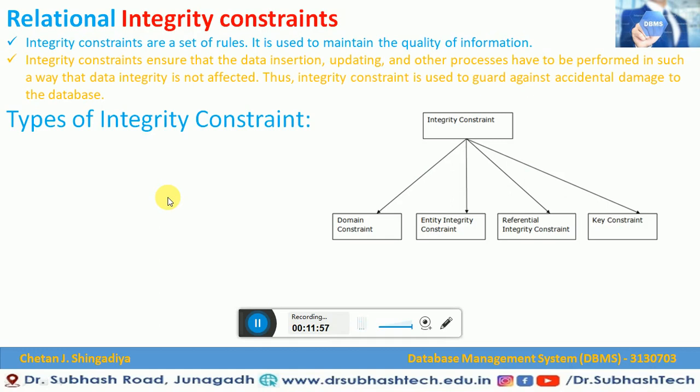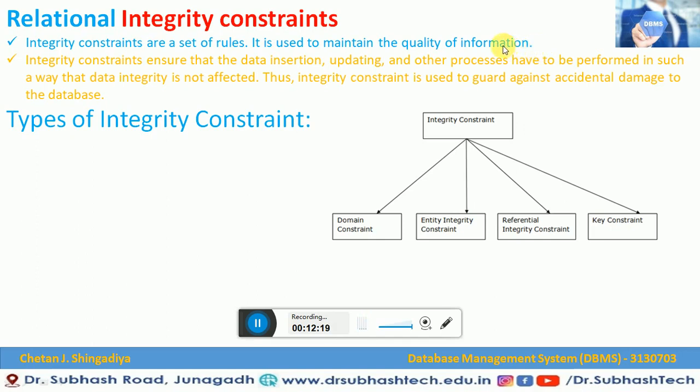Now let us understand what are relational integrity constraints. The integrity constraints are a set of rules. I already told you what a constraint is: an integrity constraint is a set of rules which is used to maintain the quality of information in our database.